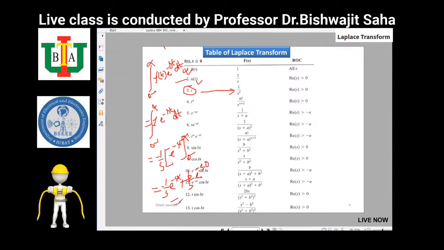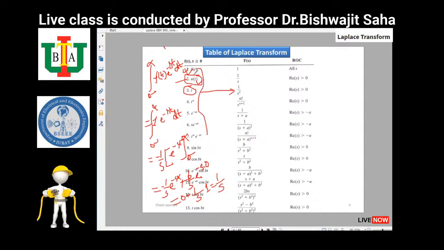The e to the power infinity term is 0, plus 1 over s, and e to the power 0 is 1. Then the result is 1 over s. This is the proof of this. Similarly, you can do every function.